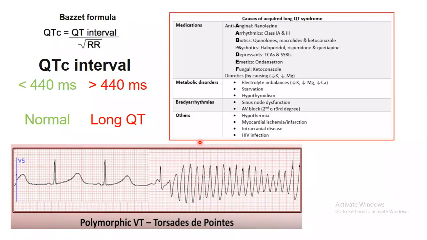So as we just said, the normal interval is less than 440 milliseconds.